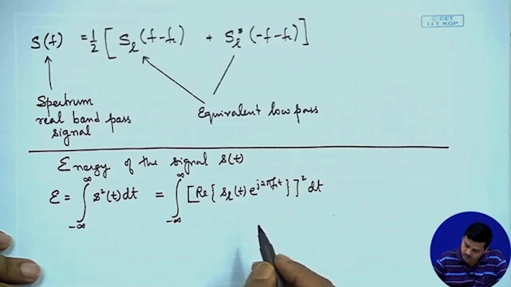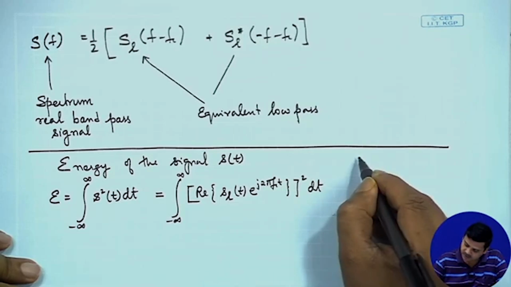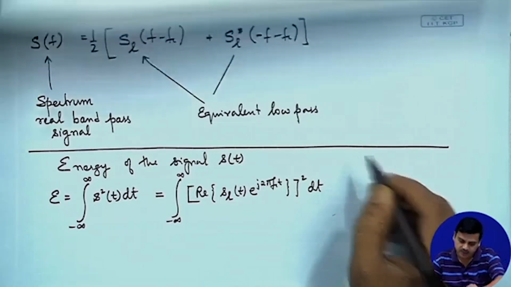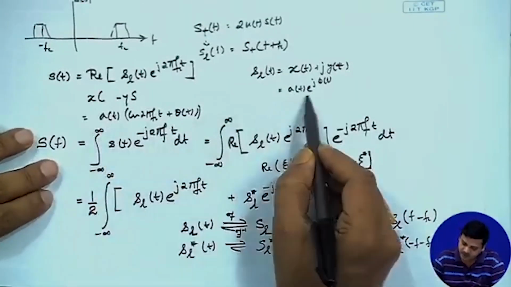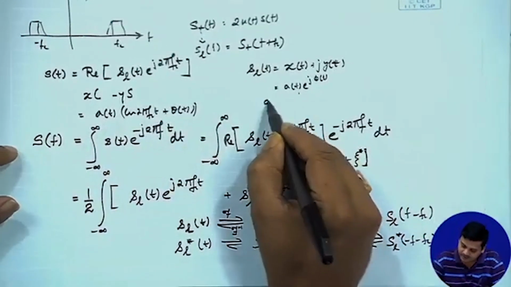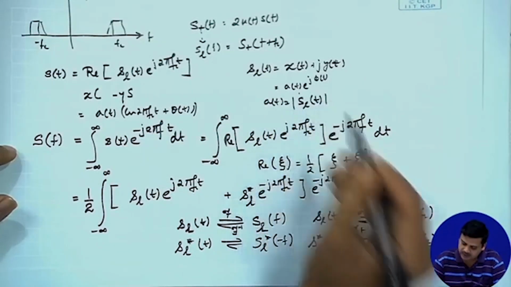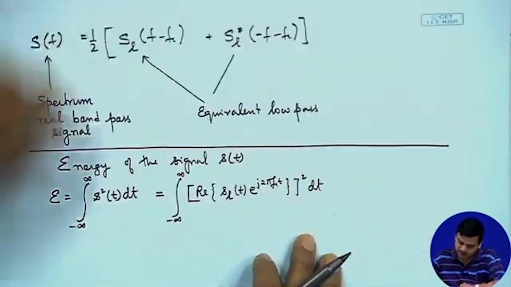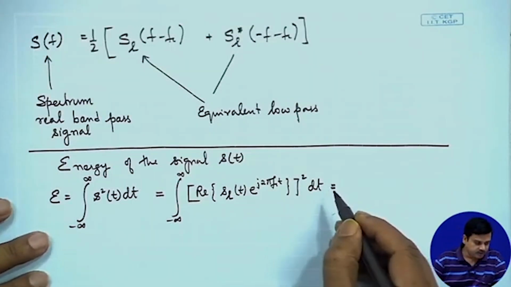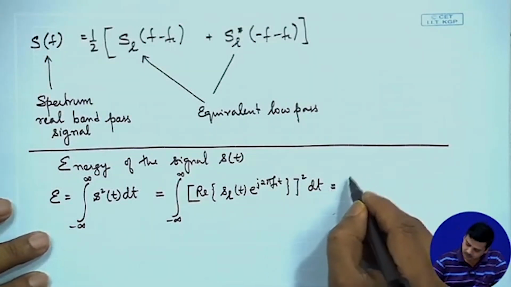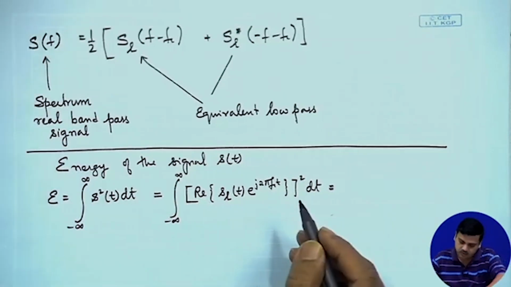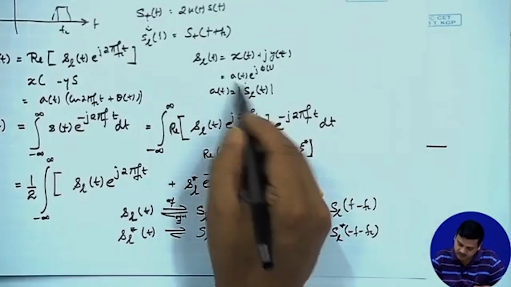So, you could also write this as, if you would recall the other representation that we had here, we had this kind of a relationship, where A(t) is equal to the mod of s_L(t). If you do this, then you are going to get this representation.